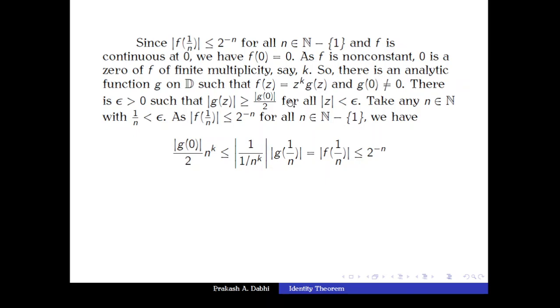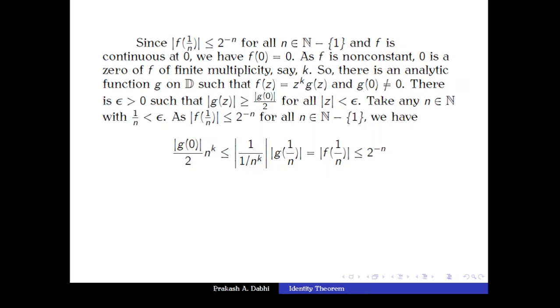Now one can see that f(z) is z^k times g(z). So by using that, what do we get? |g(0)|/2 times 1/n^k is less than or equal to (1/n^k)|g(1/n)|, which equals |f(1/n)|.